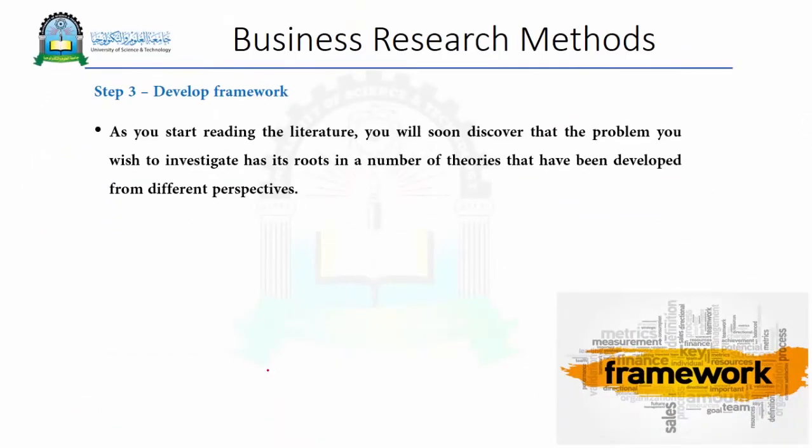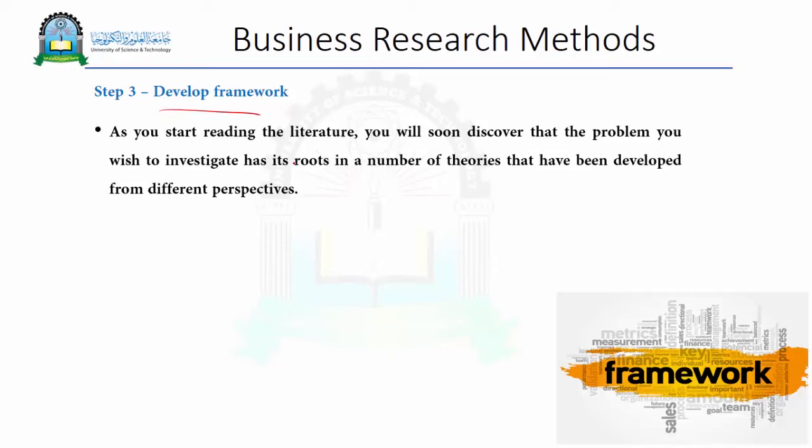So the third step when you review the literature is the development of the framework. As we know, we read in order to find out the gaps, and also in order to develop the research model of the research.